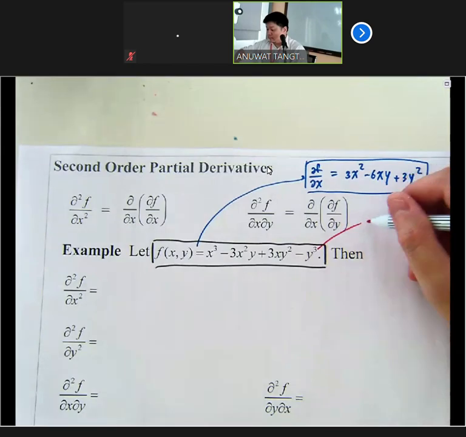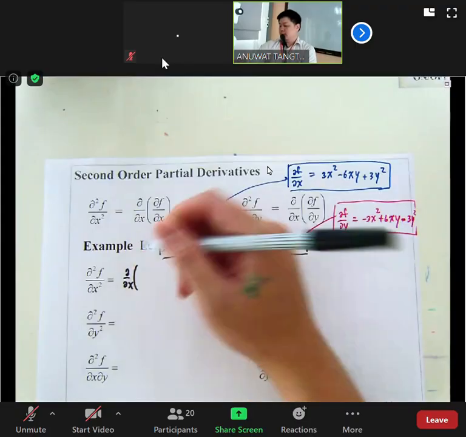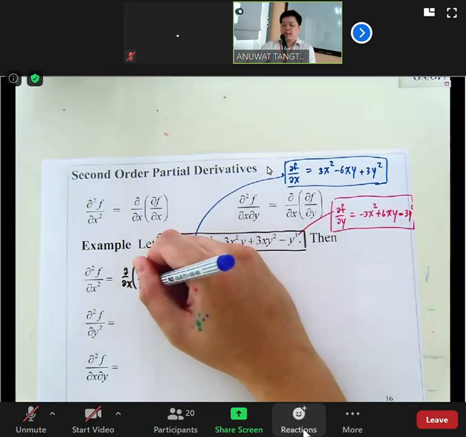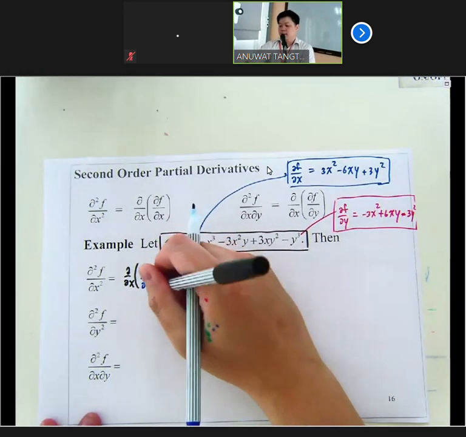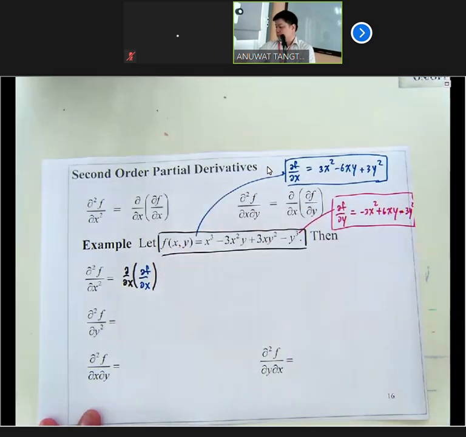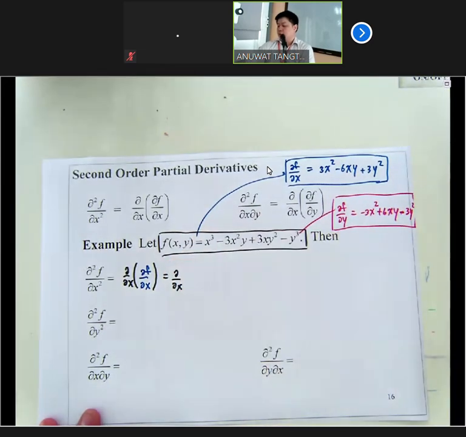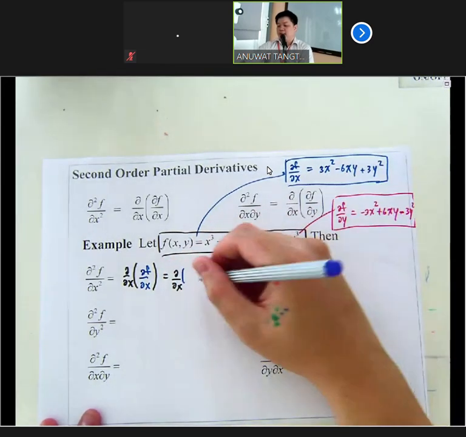Plus 3x squared of df by dx. And so we can just apply d by dx.